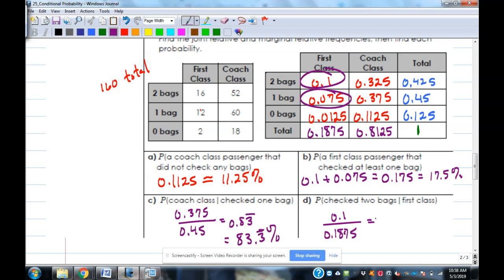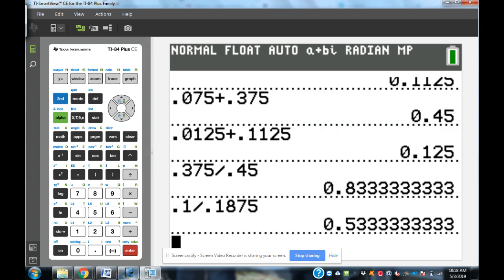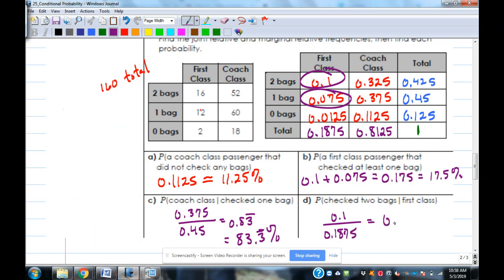We're going to do that calculation. 0.1 divided by 0.1875, or 53.3%. Either of those will be a fine answer for me.